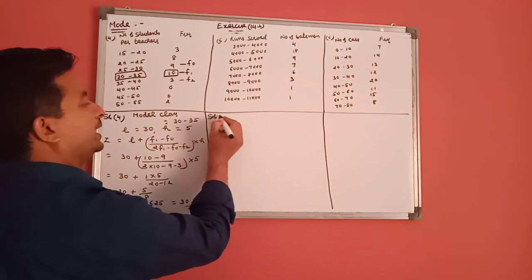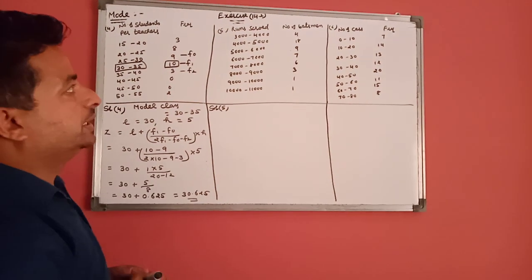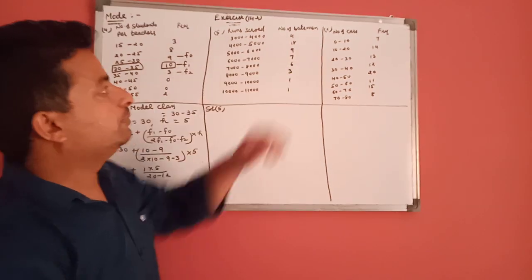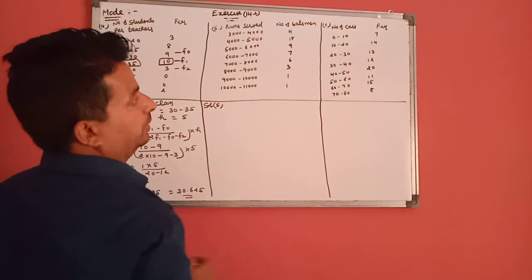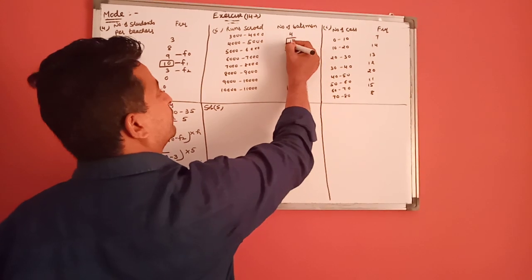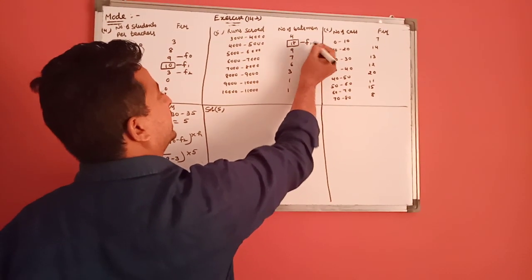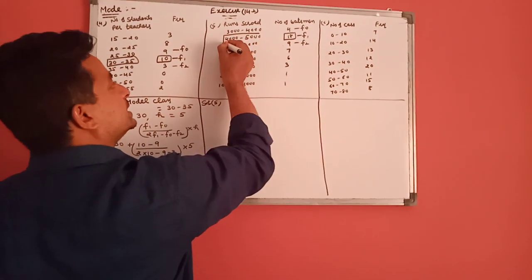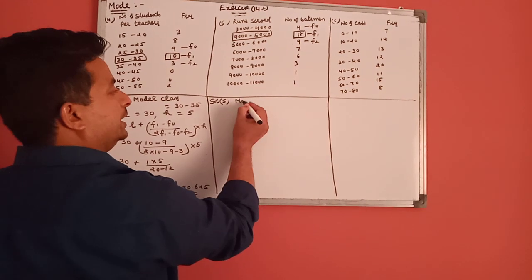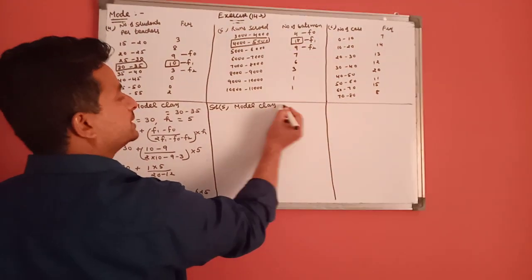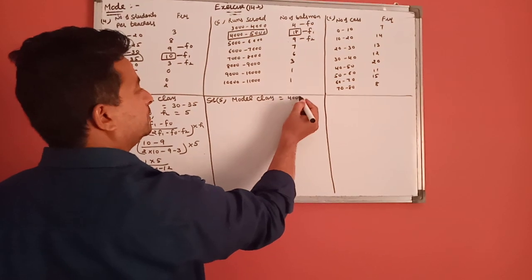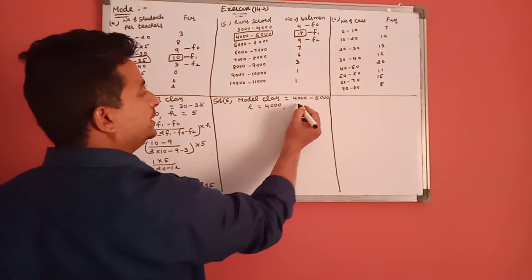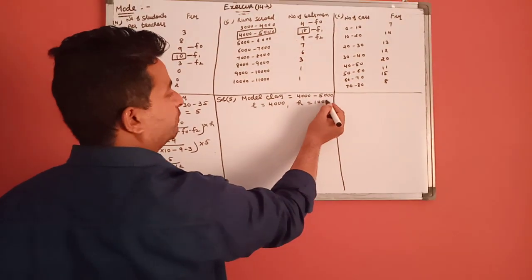In solution 5, the question is runs scored by batsmen, that's 3000 to 4000, number of batsmen are 4 and so on. In this, the largest frequency is 18. We write it as f1, this is f0, this is f2. So this is the modal class. In this question, the modal class is 4000 to 5000, in which lower limit is 4000 and class size is 1000.